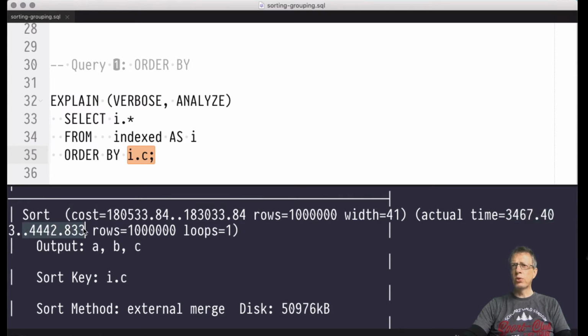We will have a closer look at these times when we talk about plan evaluation and the orchestration of operators. But let me tell you that this first time measurement means that this is the waiting time that we had to endure until the first row of the output has been produced.